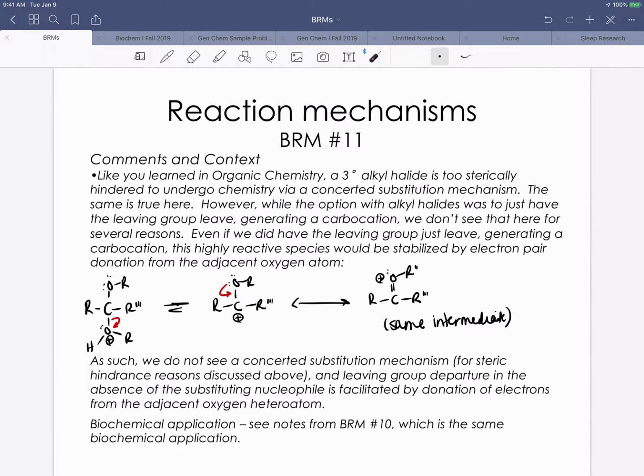Even though this is a potential resonance contributor, it's going to be so minor, because when we're validating a good resonance structure, anything that has an incomplete octet on any atom is not a good resonance structure, particularly when there is an internal source of electron density from an adjacent heteroatom that can help stabilize it. This is a very minor contributor to the overall resonance hybrid. If we were to draw a resonance hybrid here, it reminds us that the carbon is going to be very electrophilic, but we really are not going to see a carbocation that we draw.